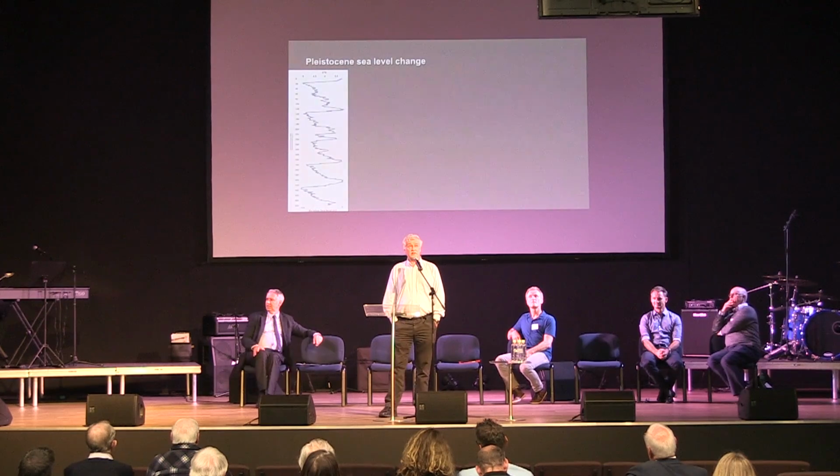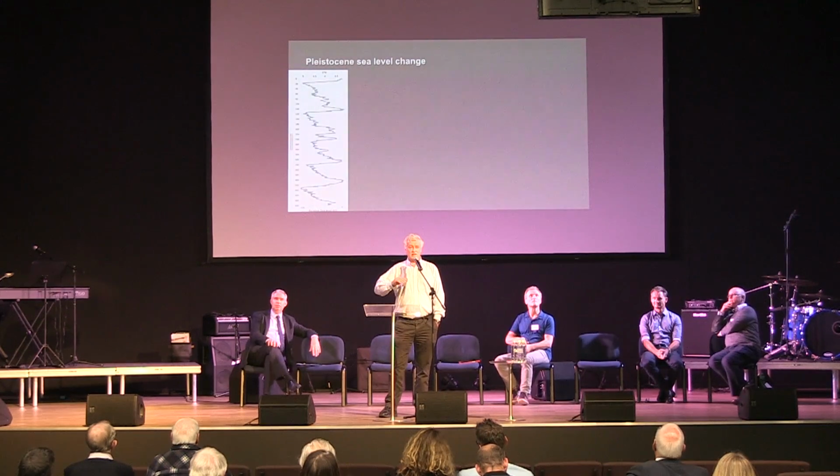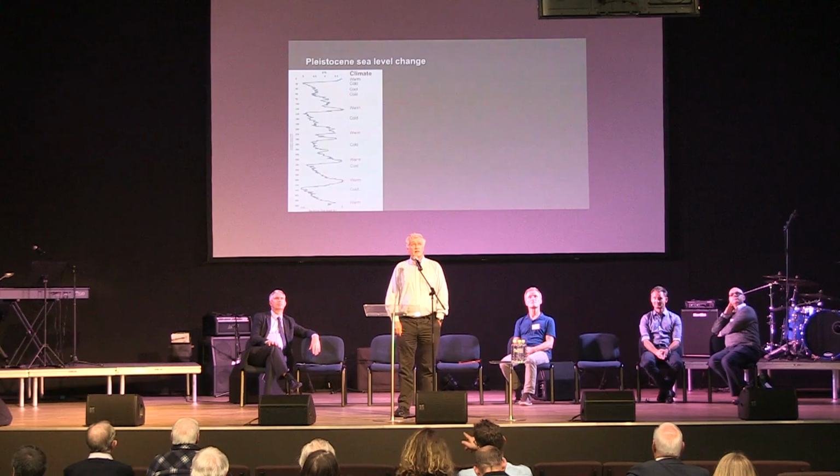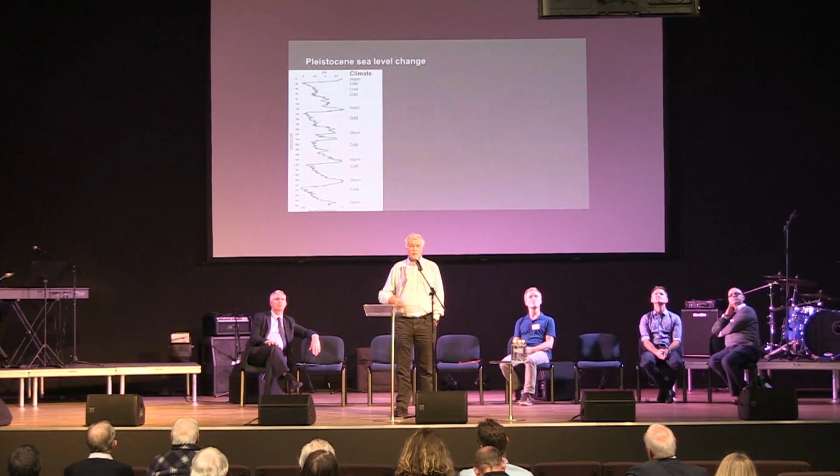And so there's been so much change in sea level, we have to understand the effects of that. So next, please. So what we have is a sequence of warm and cool, just a cyclic sequence of warm and cool environmental changes.